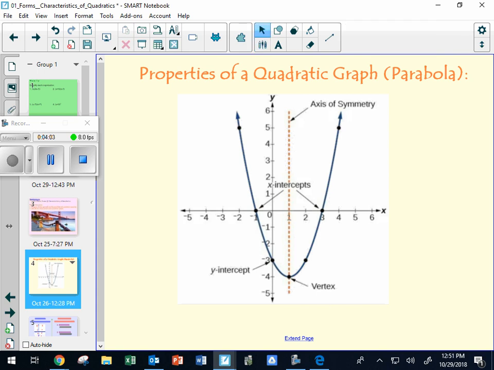So, for example, if you look at this, what ordered pair represents where our vertex is? Take a quick look at your screen. You can zoom in a little bit. What point is that? Yes. 1, -4. All right. What about our 2 x-intercepts?